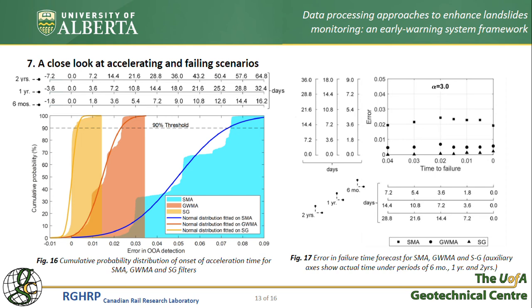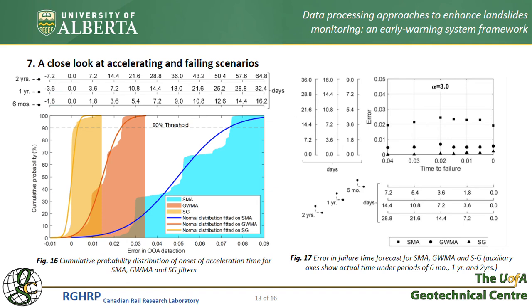Figure 16 shows SMA would reach a 90% reliability in capturing the acceleration moment 4 and 23 times later than Gaussian and SG filters. The failure time forecasts also underline rather similar conclusions.